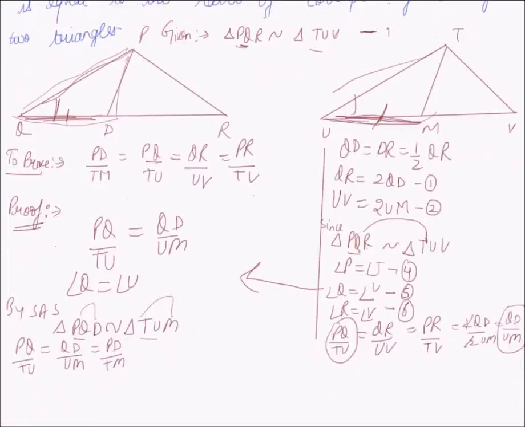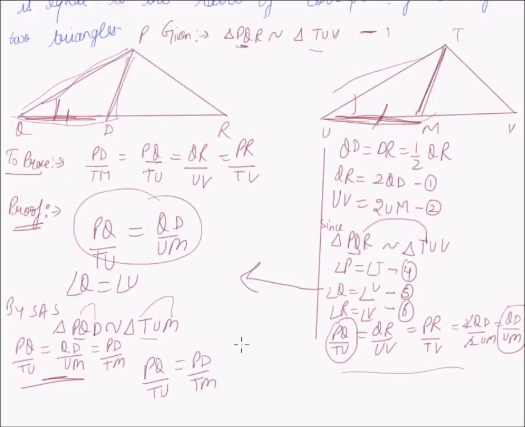From here, this conclusion was already drawn here, but the new conclusion is that PQ over TU is equal to PD over TM. PD and TM are, my dear friends, medians. Now since they are equal to PQ over TU, these two will also be equal to PQ over TU.